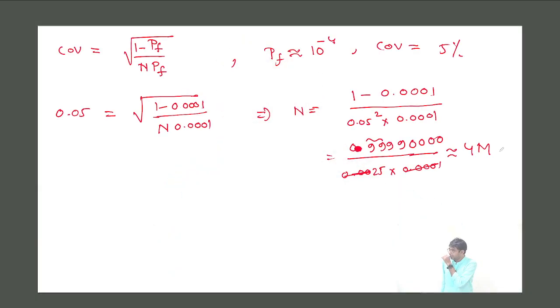Okay, coming back. So we talked about MCS and the major bottleneck, there is only one bottleneck, assuming you can sample by the way, which is the convergence. So can we somehow come up with an alternative version of MCS where this convergence rate can be improved?